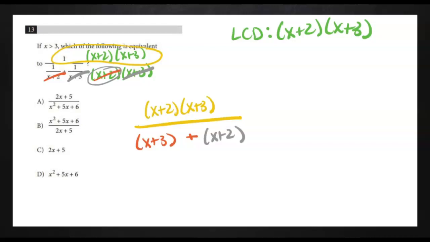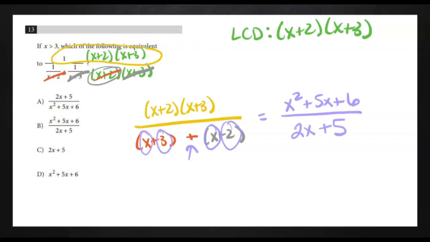So as you simplify, when you double distribute or FOIL the numerator, you're going to get x squared plus 5x plus 6. And in the denominator, because you have a plus sign, you're going to combine like terms. x plus x is 2x, and 3 plus 2 is 5, which gets you letter B.